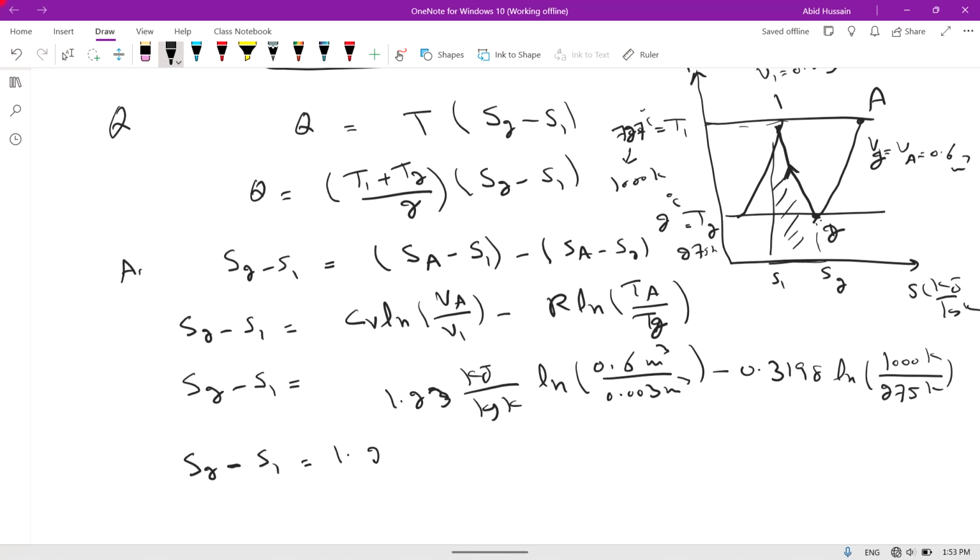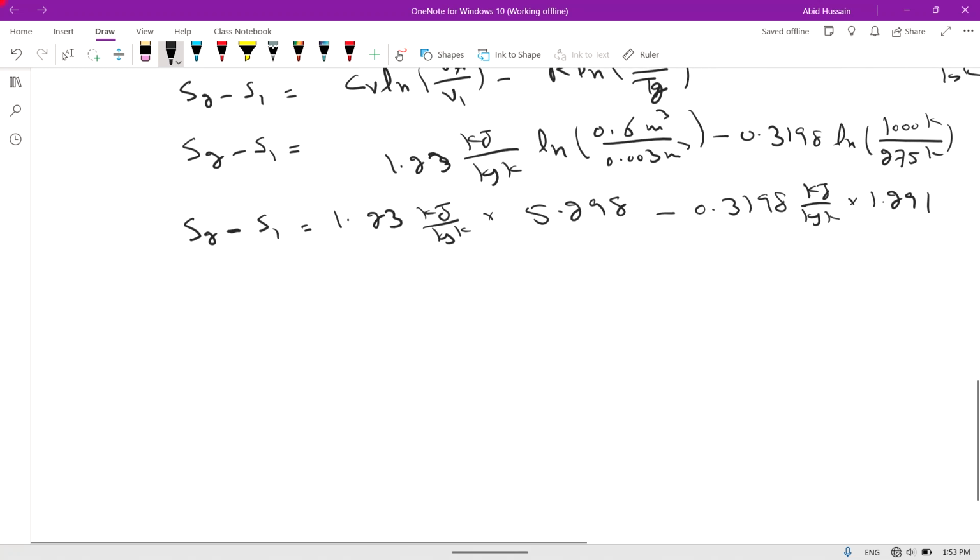So S2 minus S1 is equal to 1.23 kilojoule per kilogram per Kelvin, multiply by natural log of 0.6 divided by 0.003. So this will be equal to 5.298 minus 0.3198 multiply by natural log of 1000 divided by 275, which is equal to 1.291 kilojoule per kilogram per Kelvin.